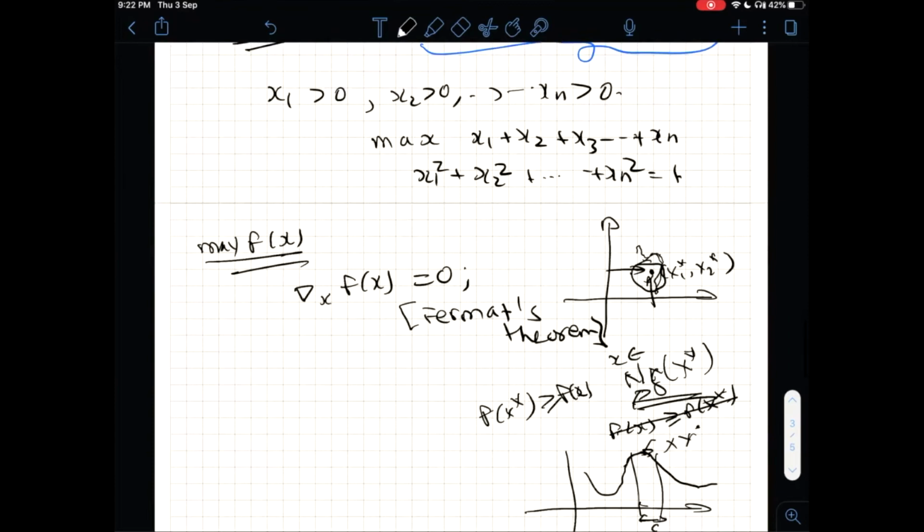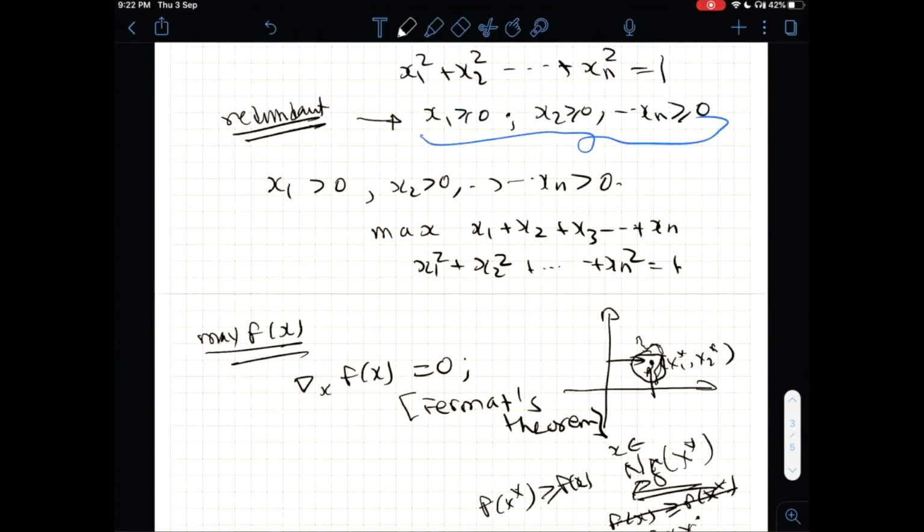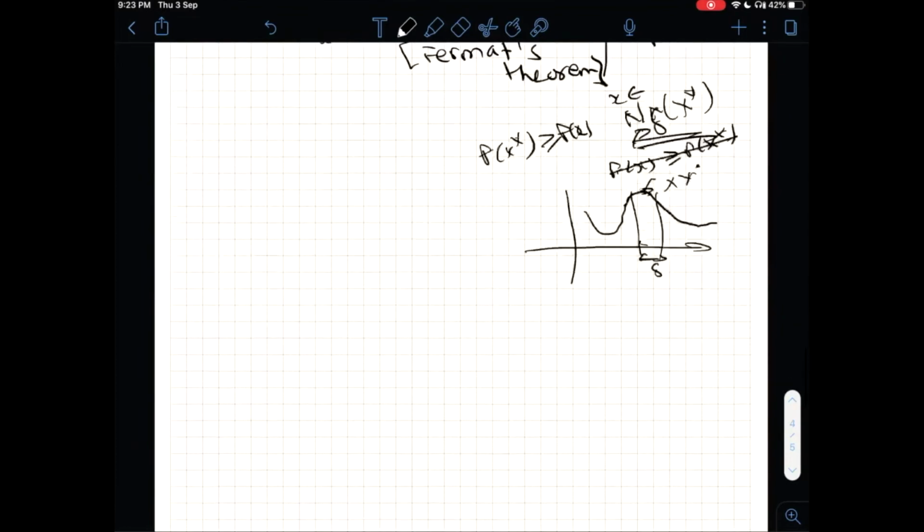Then in optimality conditions, how do these inequalities come into play? They don't come into play. That's why I say they become redundant, or more appropriately, I say they become relaxed. These notions will become firmer as we proceed.